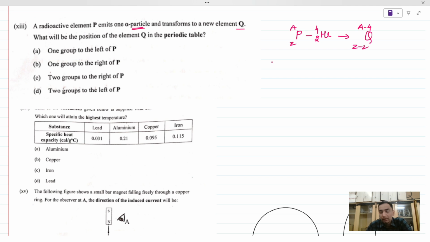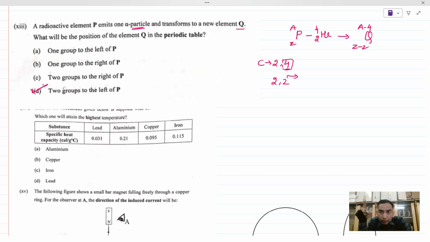Suppose if I say I have carbon, then this is present in the fourth group. If I pull out 2 electrons, I will be getting 2. That means now the group has decreased by 2. So as per me, 2 groups left means backwards of the P. So I would go with D option.